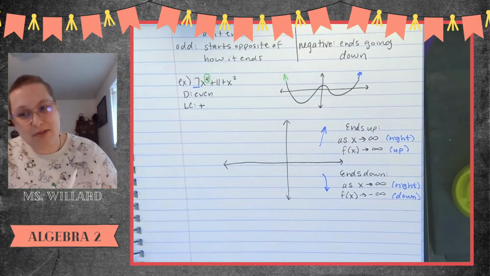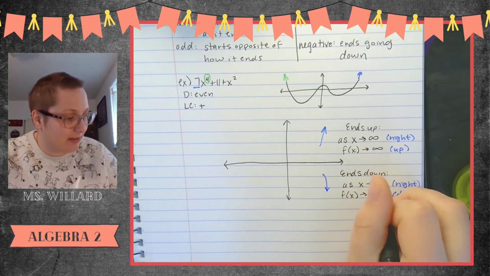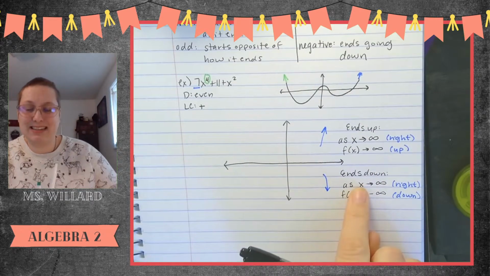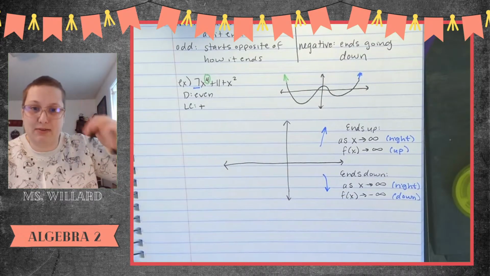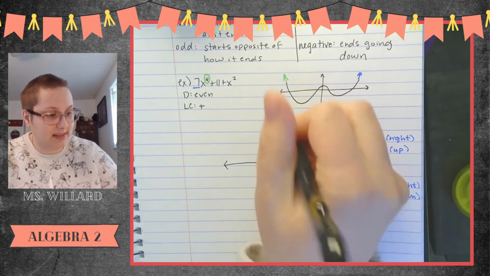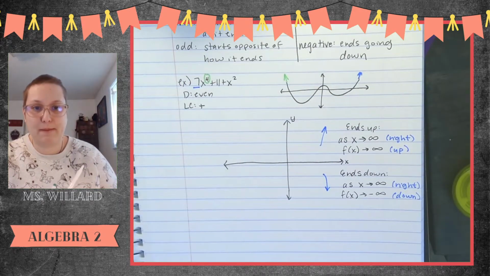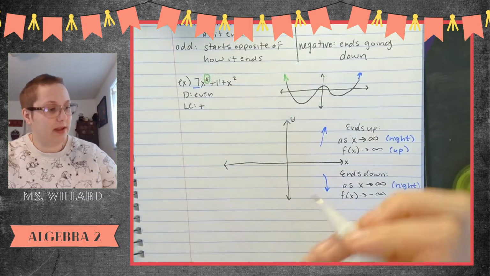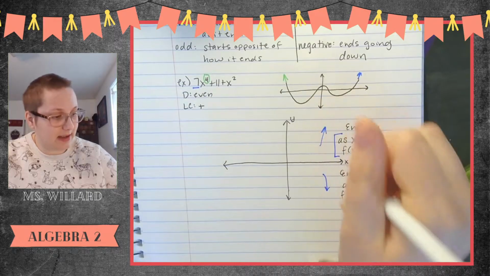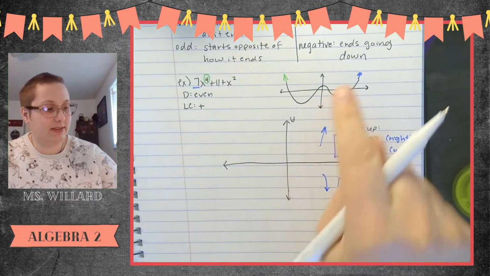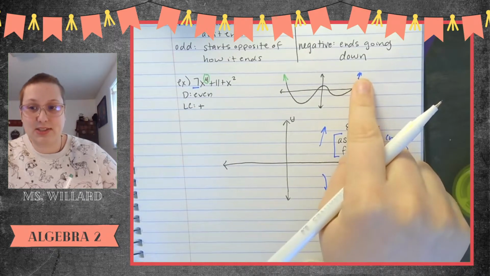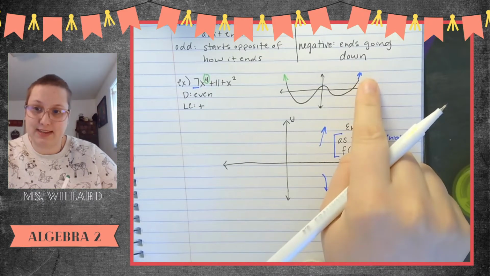How can I tell it's not up and left or something? It's because x tells me left and right, and f of x or y tells me up and down, because this is x and this is y. So if it ends up, this is what I say, and if it ends down, this is what I say. So this graph says as x goes to positive infinity, f of x goes to positive infinity.